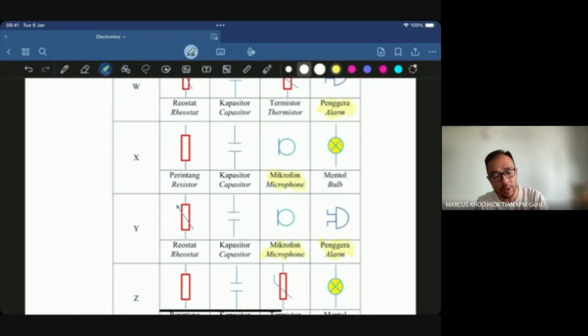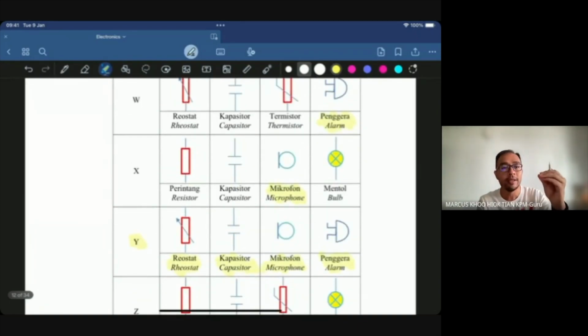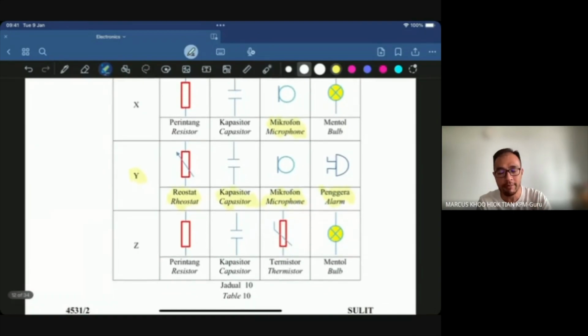And just by doing this, you can see that we're going towards Y already. So we need a rheostat, we need a capacitor. Because we must have the microphone and the alarm, and this is the only one that has it together, this question becomes quite simple: rheostat, capacitor, microphone, and alarm.